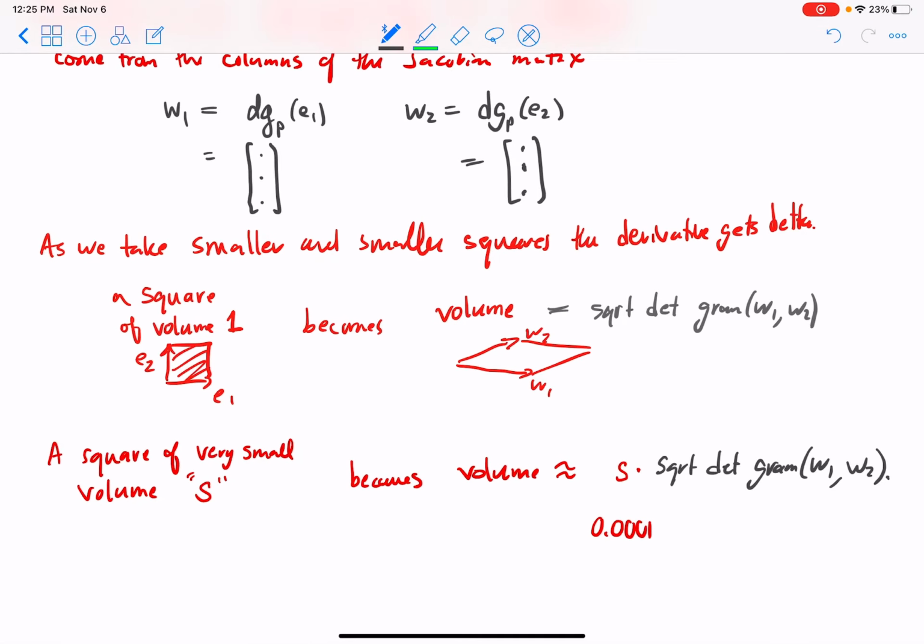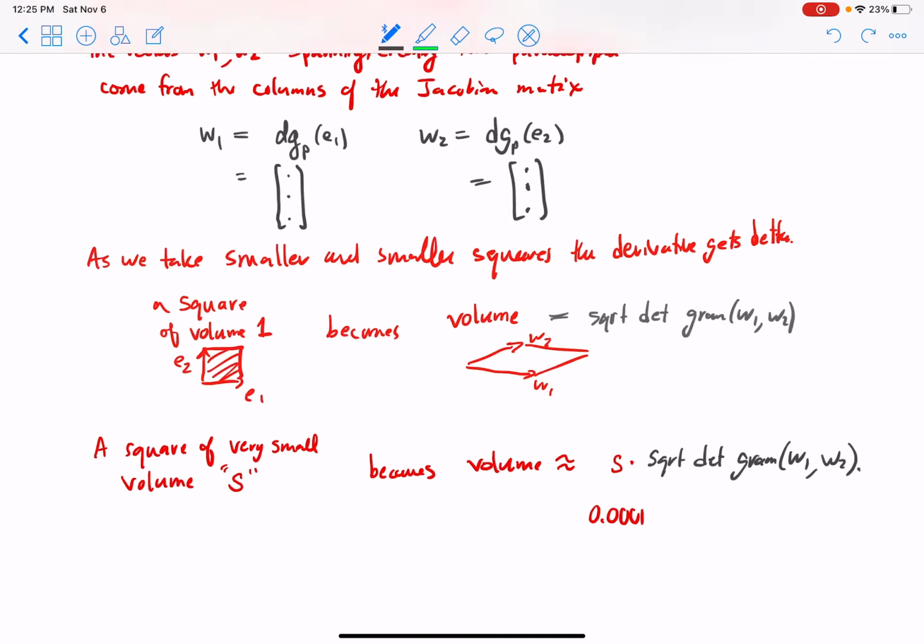And so we see that the square E1, E2 clearly becomes the parallelepiped W1, W2, as we explained in the last problem. A square of very small volume S is really very, very close to exactly that parallelepiped, multiplied by S.